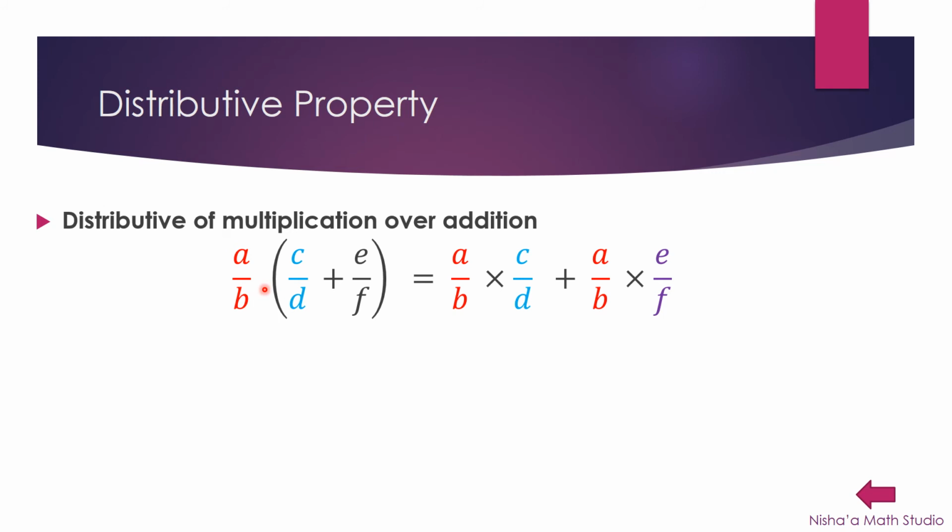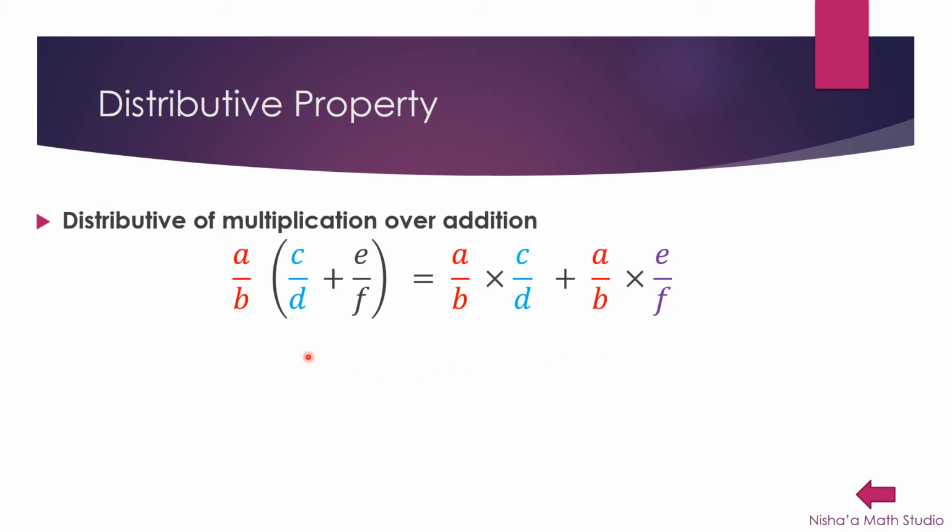It means it is multiplication, which is same as A by B should be distributed to C by D as well as E by F. That is A by B multiplied by C by D plus this sign is what is there here in the middle. So plus A by B again multiplied by E by F.